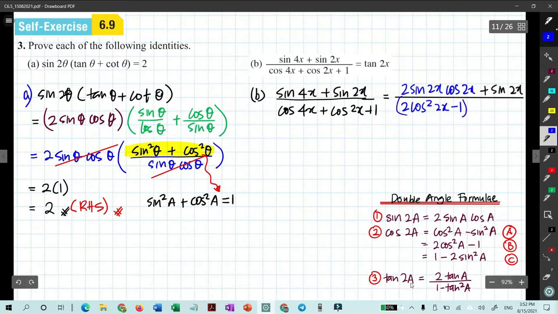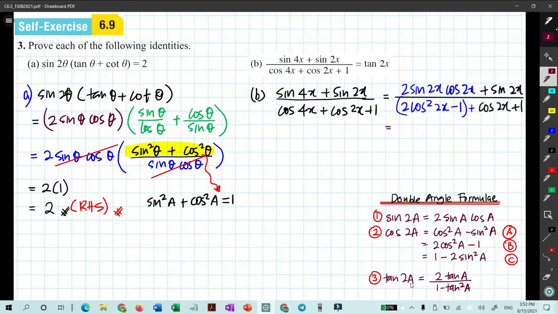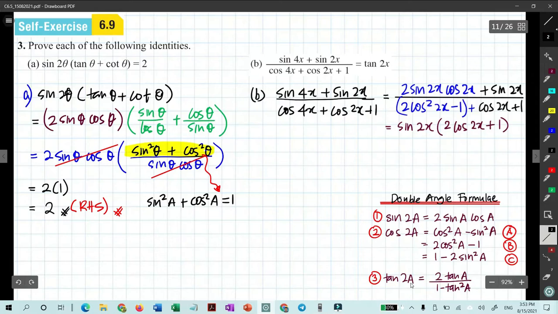Okay, plus cos 2x plus 1. Okay, and we can factorize the sine 2x from the numerator, and as a result we will get sine 2x times 2 cos 2x plus 1, and at the denominator we will get 2 cos square 2x plus cos 2x.